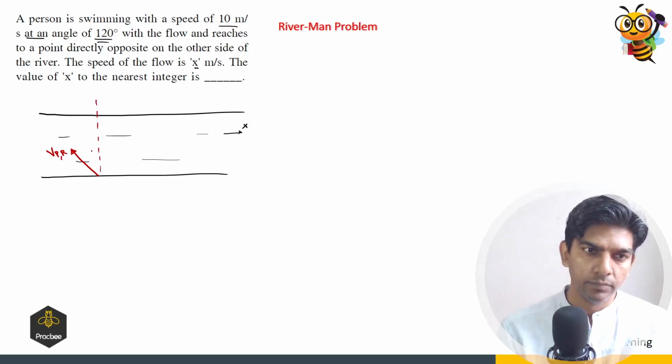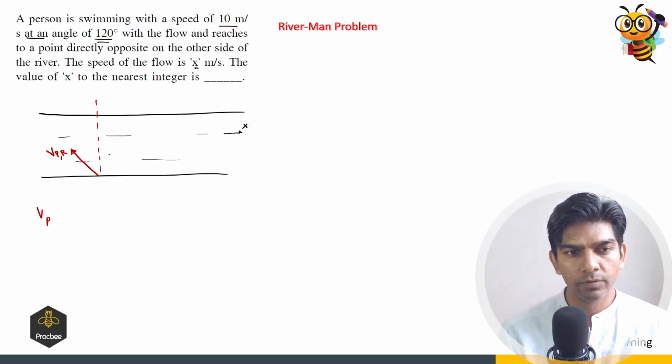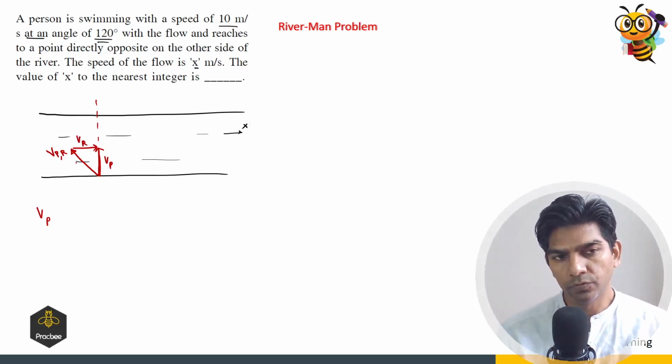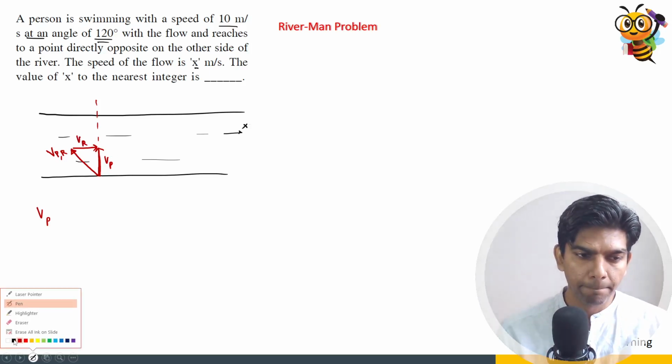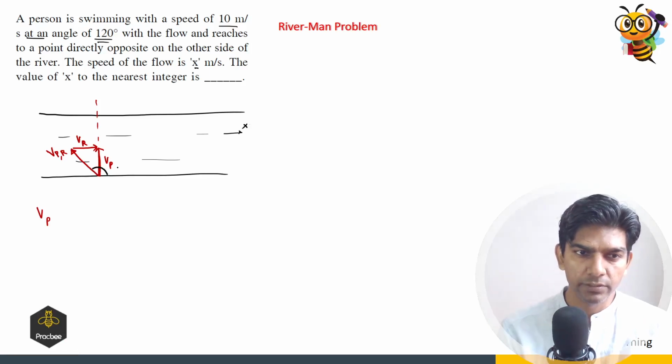So it means the velocity of the person in the ground frame will be along this line. So that will be Vp in ground frame, and this will be Vr, the velocity of the river in ground frame. So the resultant of Vpr and Vr will be nothing but Vp. And this angle is given as 120 degrees, so this angle will be 30 degrees.